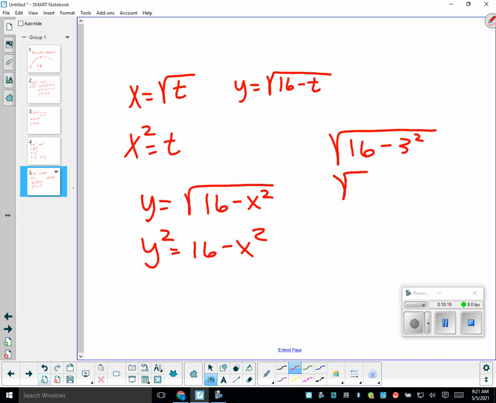Is this 16 minus 9? And what you said was take the square root of both of them, which would be 4 minus 3, right? They don't equal. So in addition and subtraction, you cannot take pieces out of the radical, only multiplication and division.